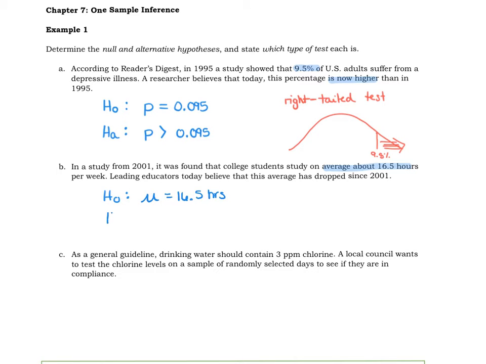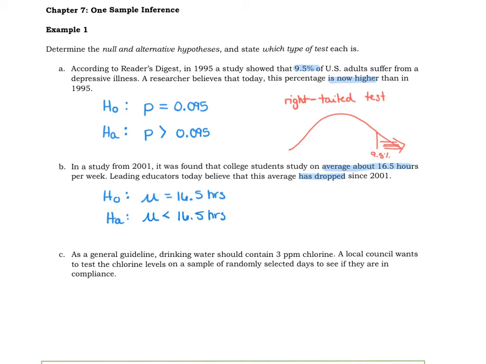Our alternative hypothesis: what is being said today by educators? They think this average has dropped. In other words, they think mu is now smaller than 16.5 hours.